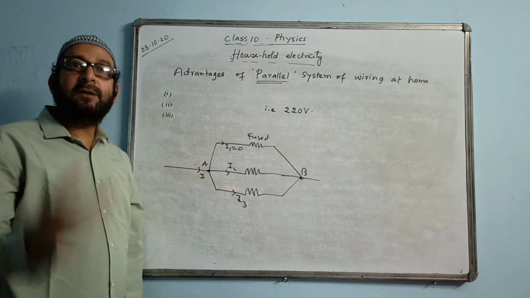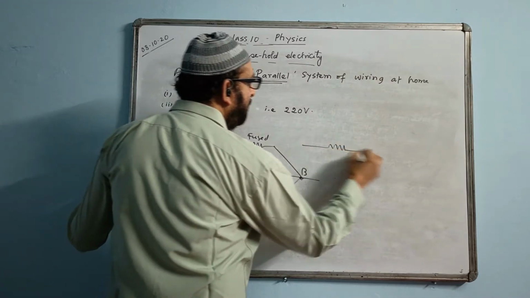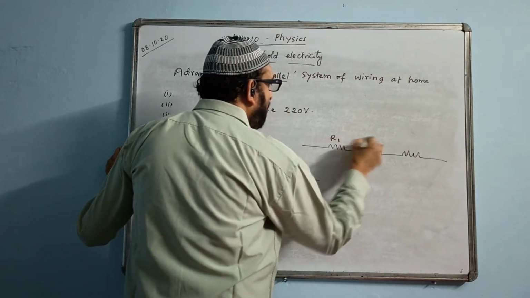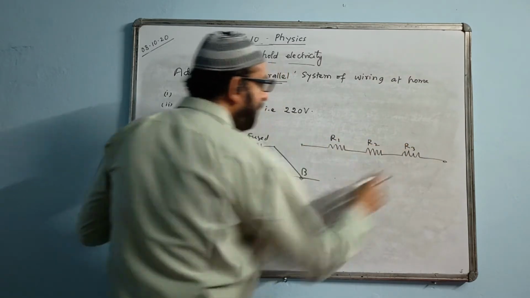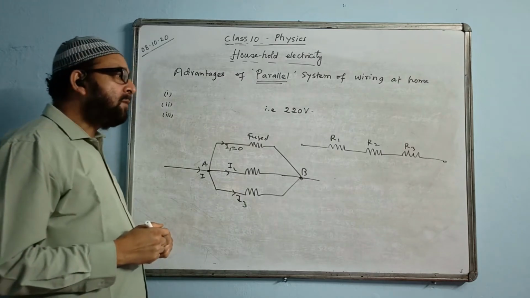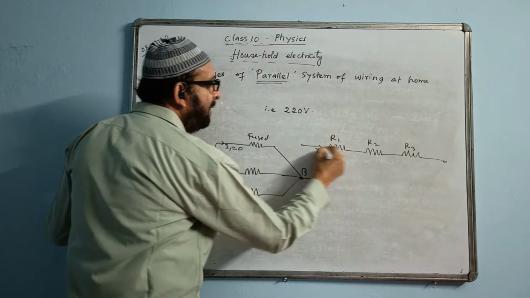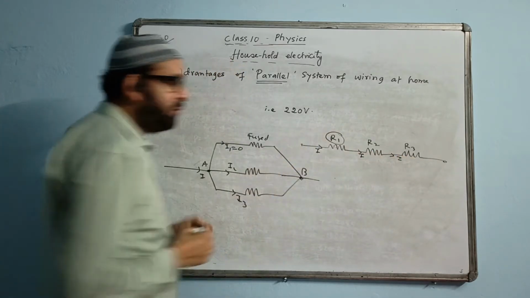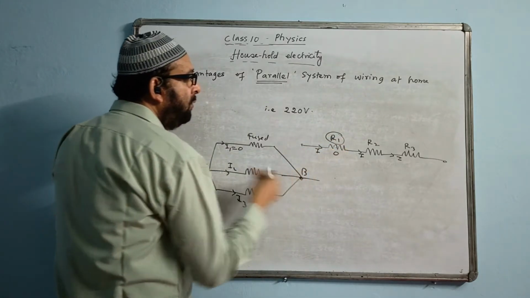What are the disadvantages of series combination? In series combination, I will show you what happens. One resistance, another appliance, and this is R1, this is R2, this is R3, and so on. Here the problem is what? The same current will flow everywhere. If this appliance is suppose fused or damaged, the current here will become zero.